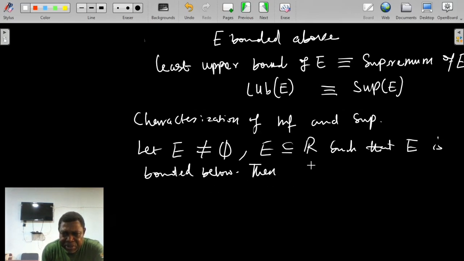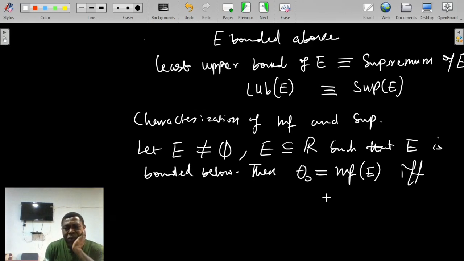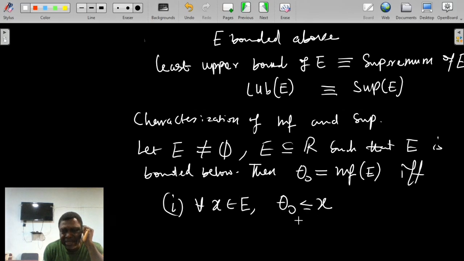So then theta naught equals infimum of E if and only if, first, for any x in E, theta naught is less than or equal to x.